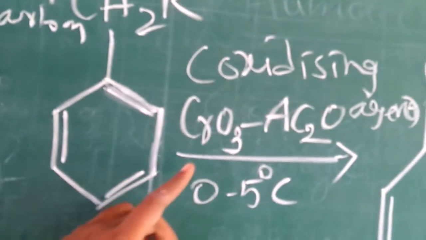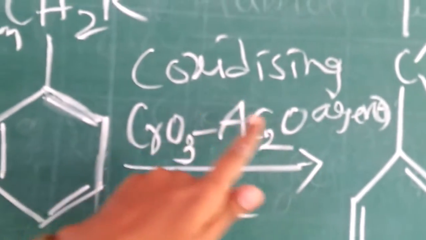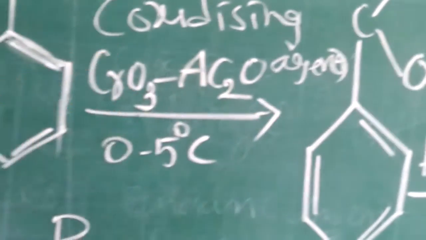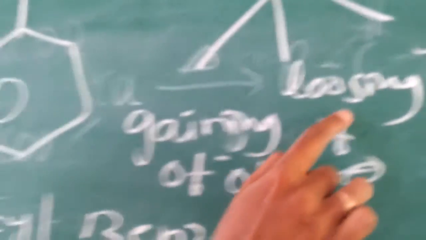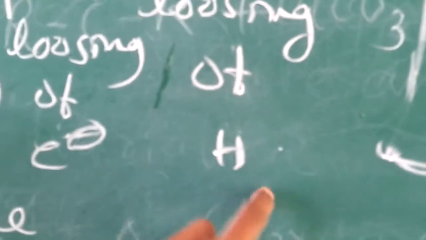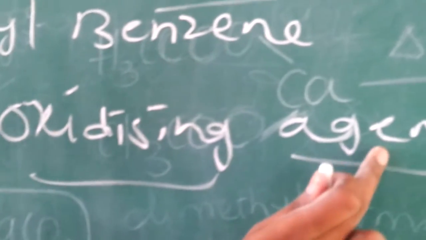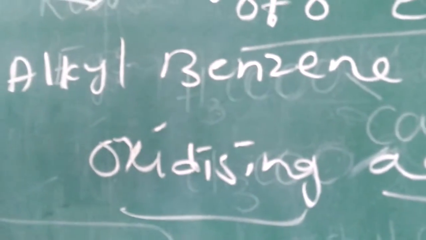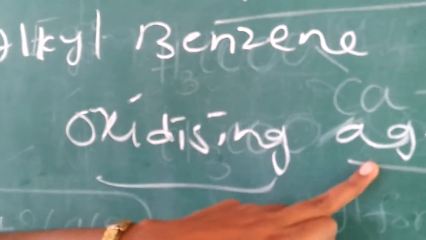Here I am using chromium trioxide and acetic anhydride. These are known as oxidizing agents. What is meant by oxidizing agent? Already you know what is oxidation: gaining of oxygen, losing of electrons, losing of hydrogen. The agent which causes oxidation is known as an oxidizing agent.